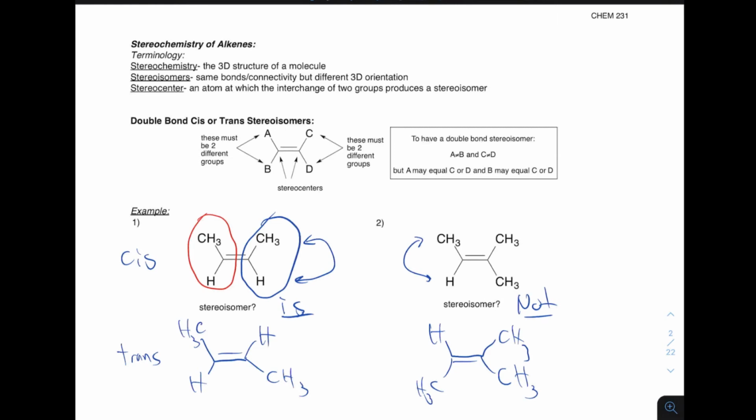So to go into a little bit more detail with cis and trans, right, because what we've learned previously is cis is when the same groups are on the same side, and trans is when the same groups are on the opposite side. So what if we have 4 different groups here? Then what? Right, we can't really use cis or trans designations anymore, so we'll have to switch up our terminology a little bit here.